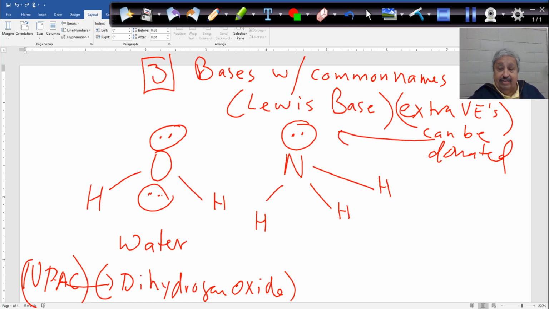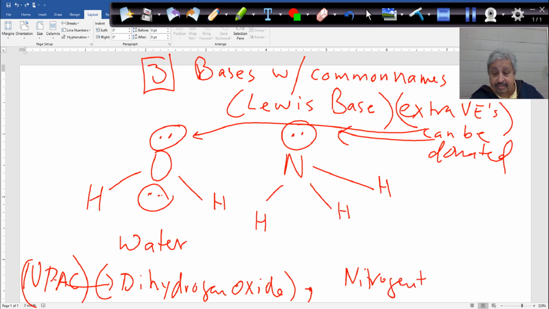All of them have extra VEs, which can be donated, correct? So this one here, we call it the IUPAC name here. So will be nitrogen trihydride. It has 3 hydrogens, trihydride.